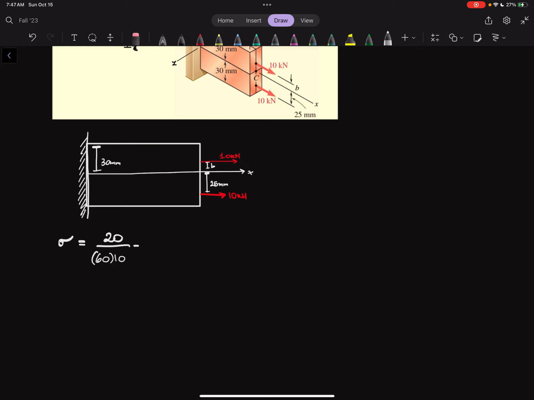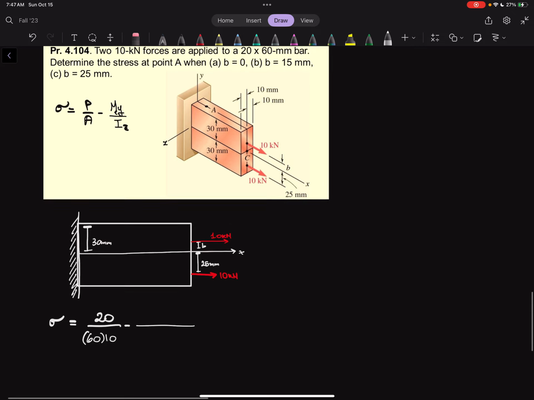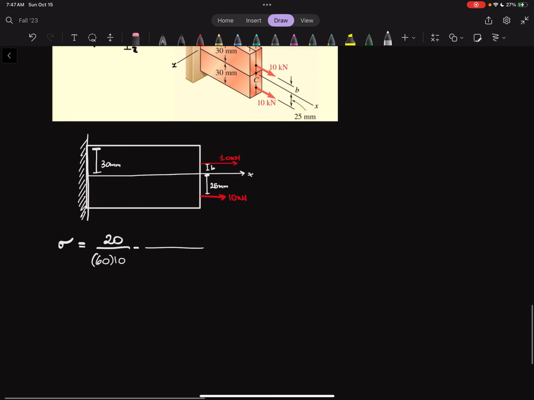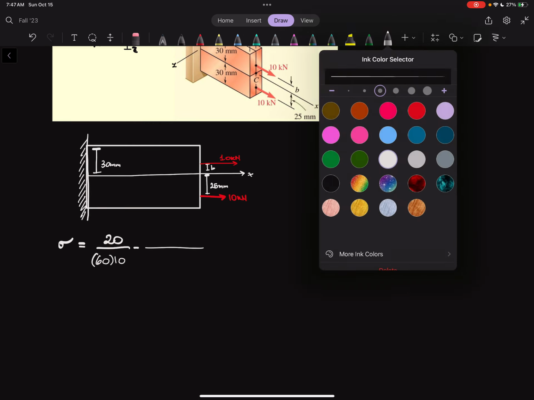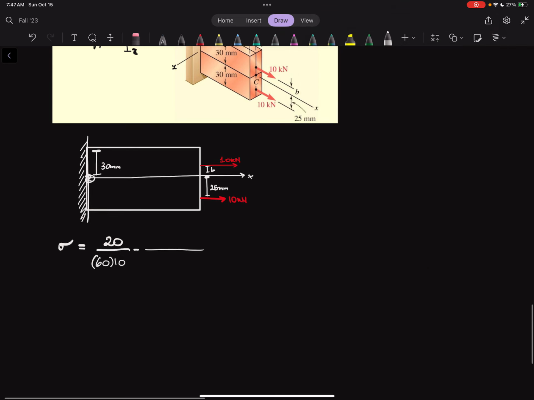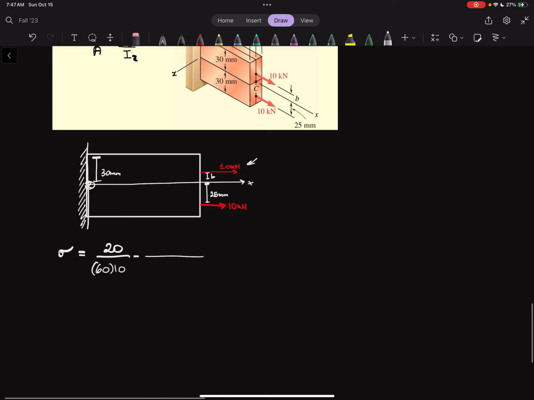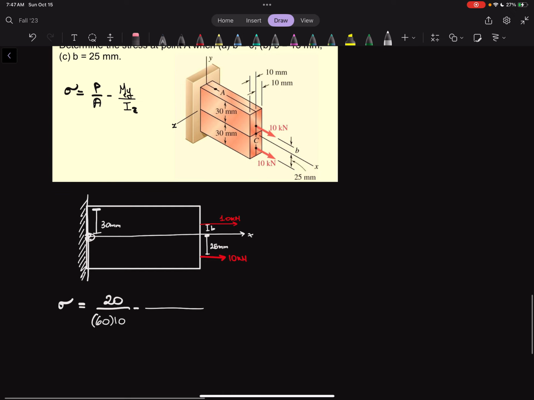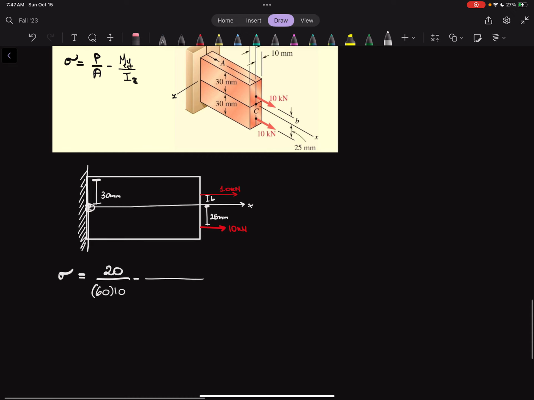And then we're going to have a minus, and we're going to have the moment. Well, what moment about the z-axis, which comes out of here, are we getting from this top one if B is at 0? Well, none, right? It's not going to rotate it about the z-axis because its line of action passes through the z-axis.